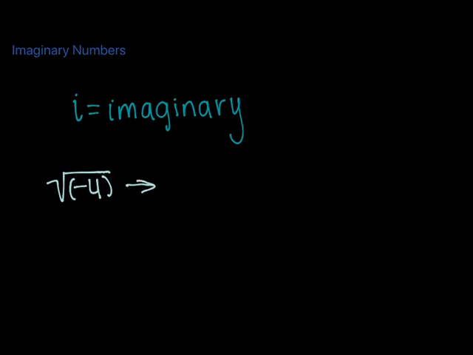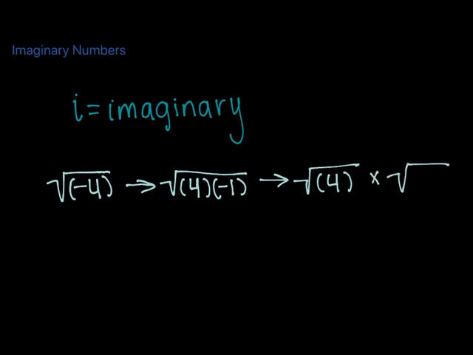Well, that could be written as the square root of 4 times negative 1. Also written like this. And that would be equivalent to 2 times, because the square root of 4 is 2, 2 times the square root of negative 1.